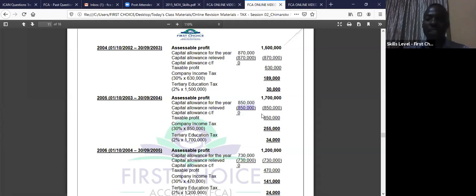We took everything. When we take 850 from 17, we get 850. Income tax on this 850, we get this 255,000. Education tax 2% of 1.7 million, we have 34,000. Beautiful.